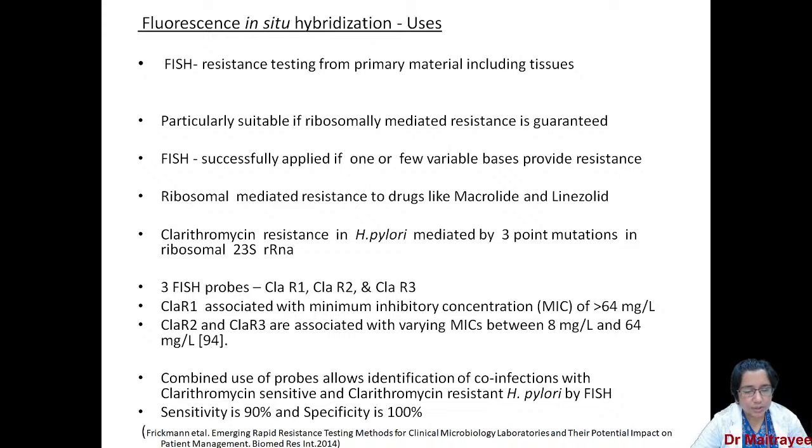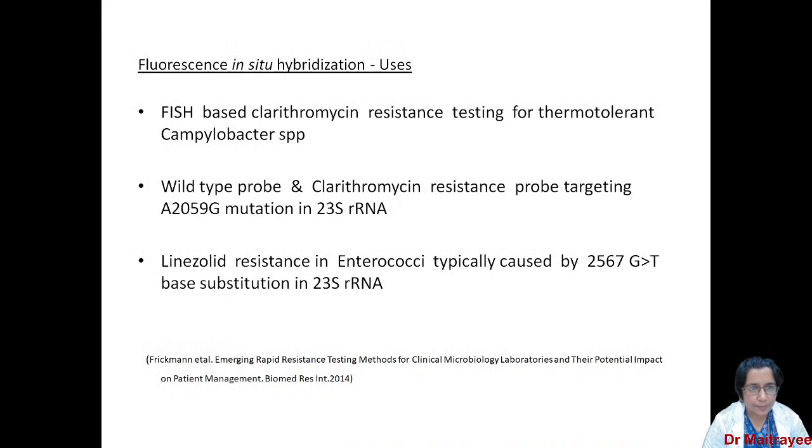R2 and R3 are associated with varying minimum inhibitory concentrations between 8 and 64 milligram per liter. So combined use of these probes allows identification of co-infections with clarithromycin sensitive and clarithromycin resistant H. pylori by FISH. Sensitivity for detection of clarithromycin resistance is 90% and specificity is 100% by fluorescence in situ hybridization.